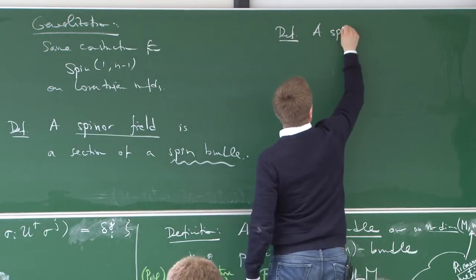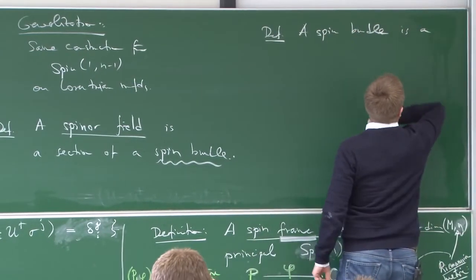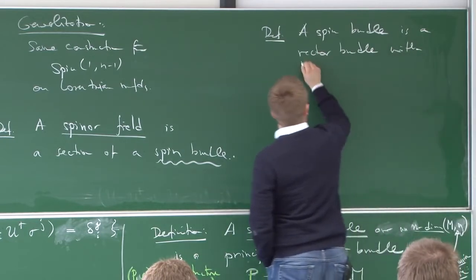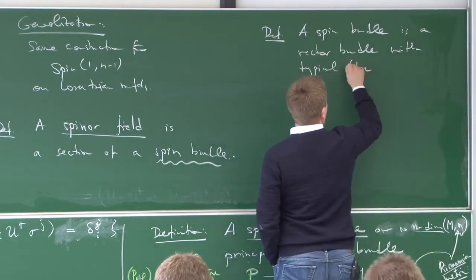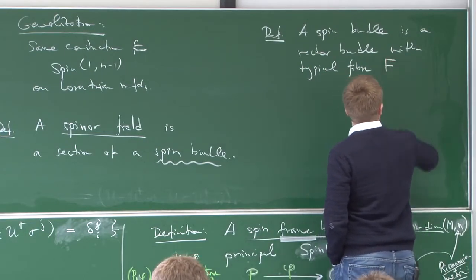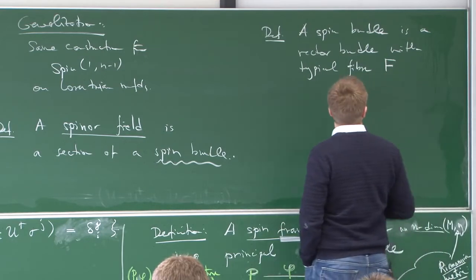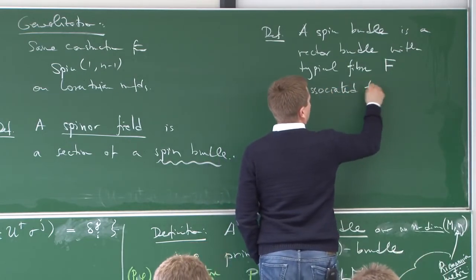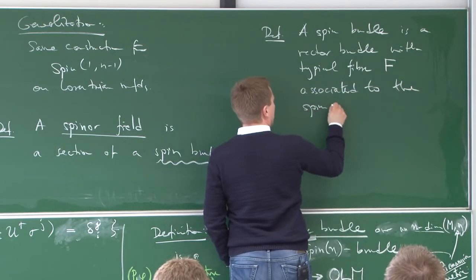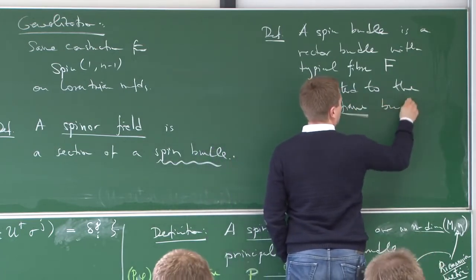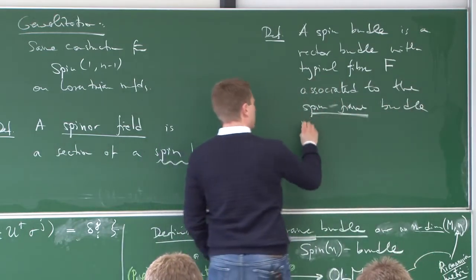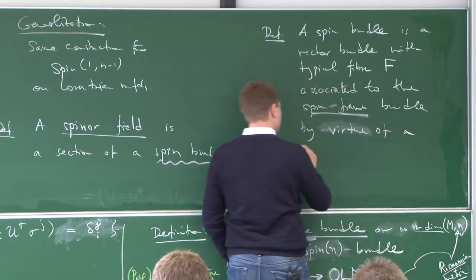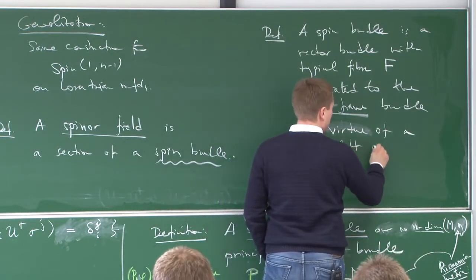Definition: a spin bundle is a vector bundle with typical fiber F, it's a vector space, associated to the spin frame bundle by virtue of a linear left action.